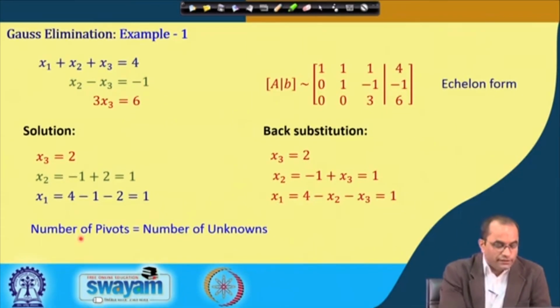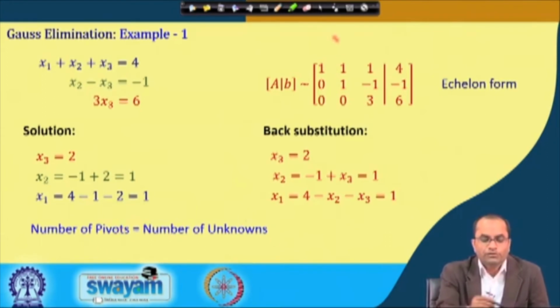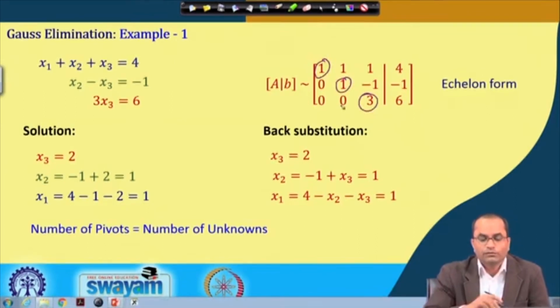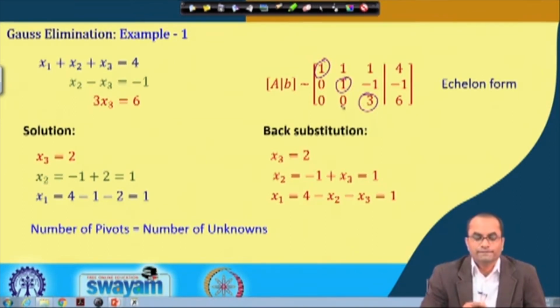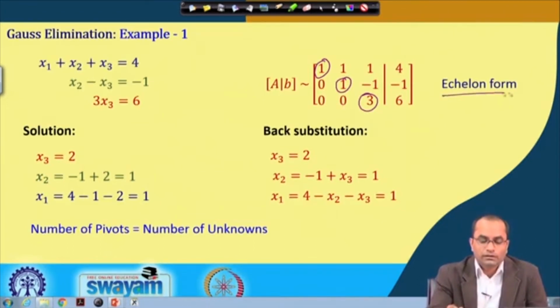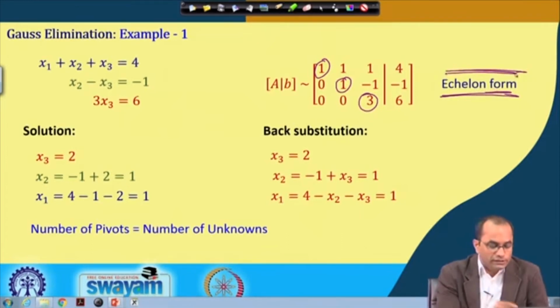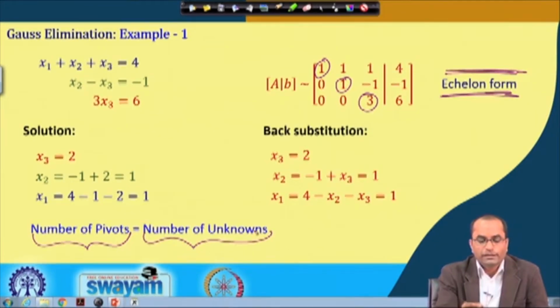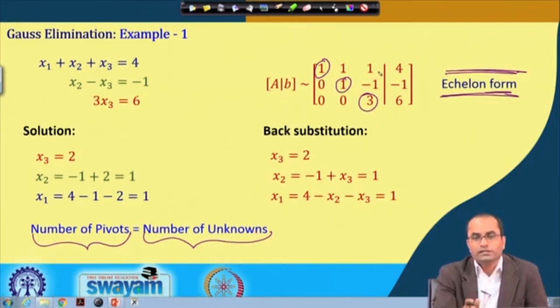So, let us count the number of pivots. How many pivots do we have here? We have 1 pivot, we have 2 pivots, we have 3 pivots. We have 3 pivots in our system here, in our augmented matrix. So, the number of pivots here is equal to the number of unknowns. How many unknowns do we have here? 3 unknowns, x 1, x 2, x 3.